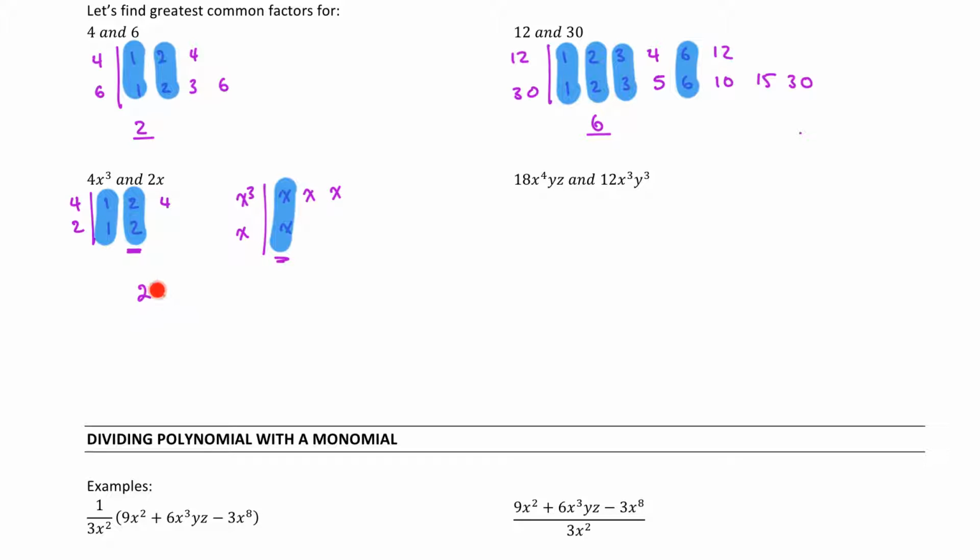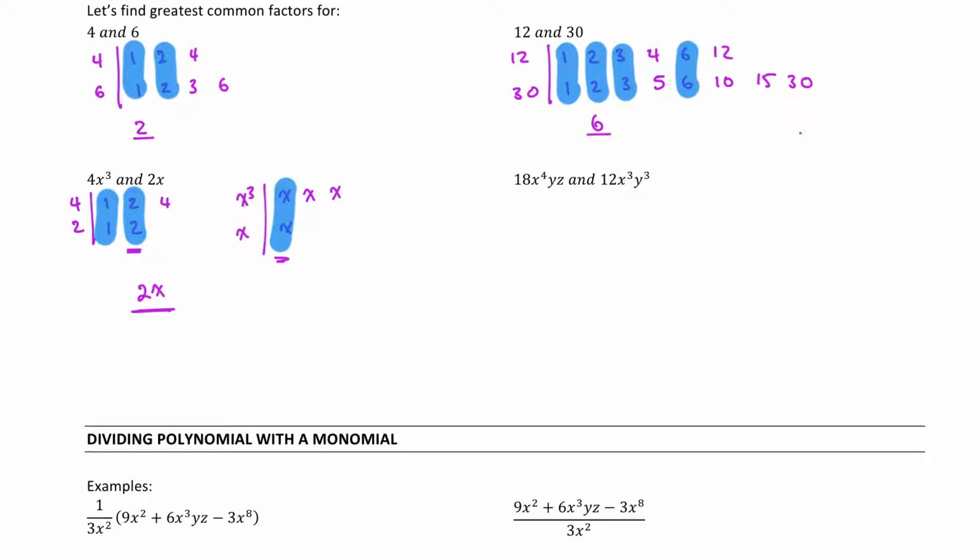So x will definitely be here, and in terms of exponents, the greatest common factor will have the least exponent of x. Here the exponent of x is 3, here the exponent of x is 1, and the least exponent value is 1, so that's why I have 2x as my greatest common factor.